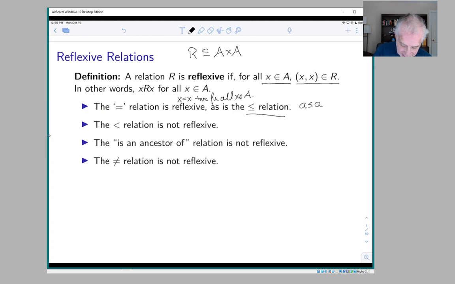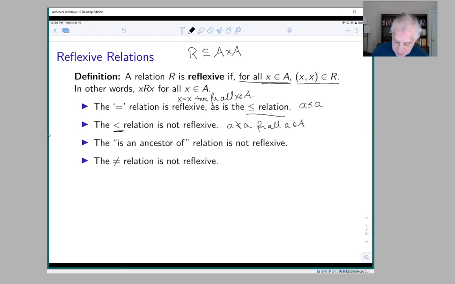If we just look at less than, it's not reflexive because A is not less than A. That's false for all A in A, or in fact for any A in A. And this for all is important because some relations may have the property that some x's are related to themselves, but not all of them. So to be reflexive, it has to be true for all.